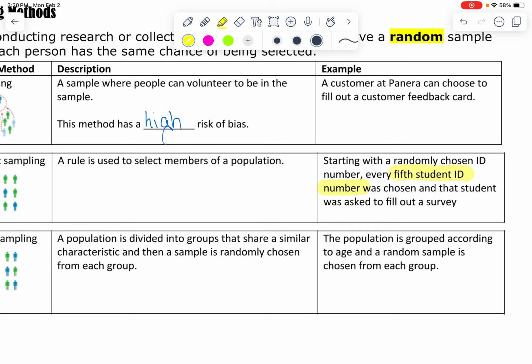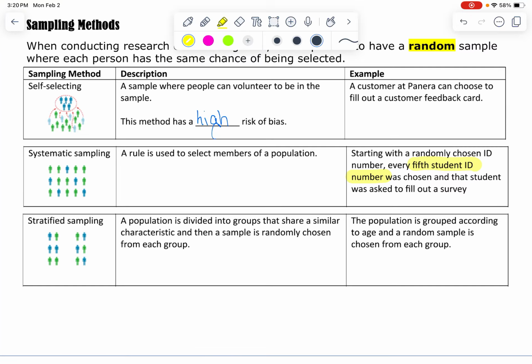And that student was asked to fill out a survey. So this is more randomized. We don't know what we're going to get, and they're asked to fill that out. So that's a systematic way where you just have a rule in place.